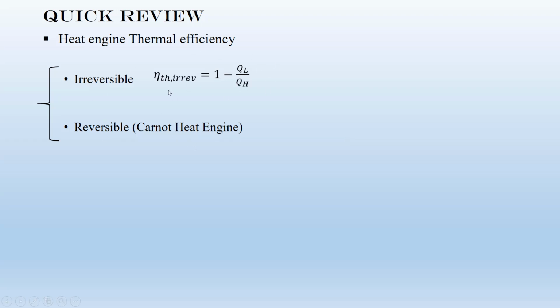You can either use this equation, or you can substitute QL over QH with the absolute temperatures TL over TH. So you have two options to calculate the thermal efficiency of reversible heat engines or the Carnot heat engine.